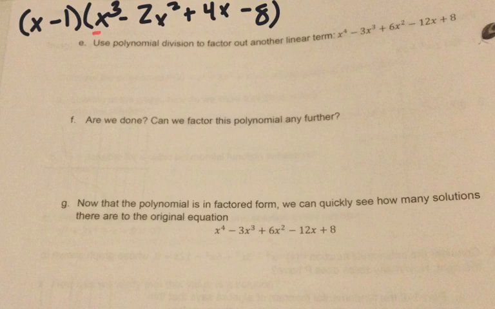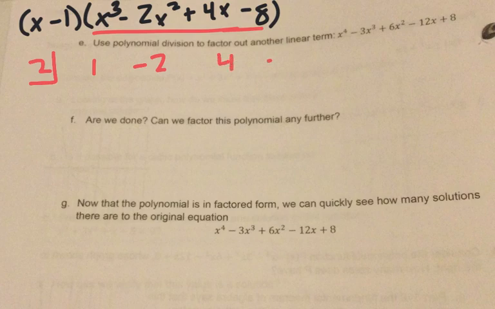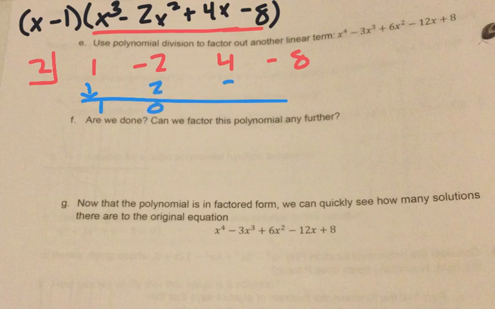And so now let's do synthetic division here for the polynomial I have left. So I think that the other 0 is at 2, so 2 goes in the box, and then write the coefficients for that polynomial. Bring down the 1. 1 times 2 is 2. That's 0. That's 0. That's 4. 8 and 0. So that worked.